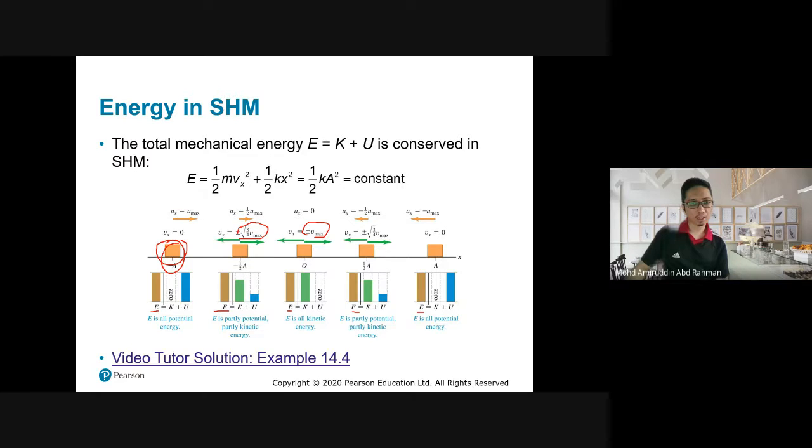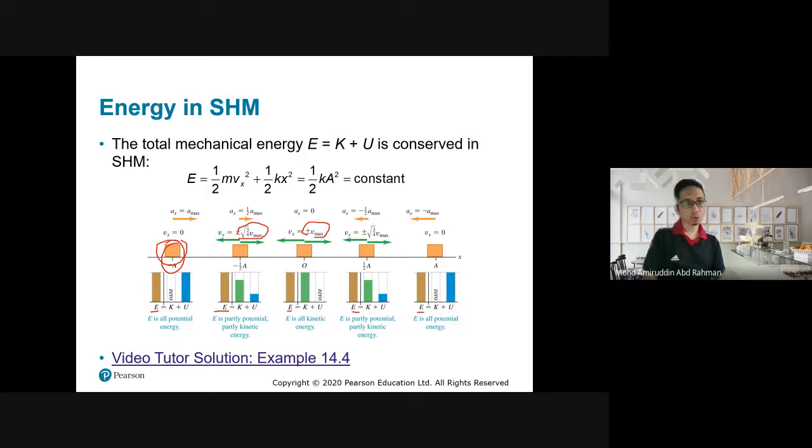Then it goes back and K keeps decreasing until we have U at the highest again, where the object is not moving.